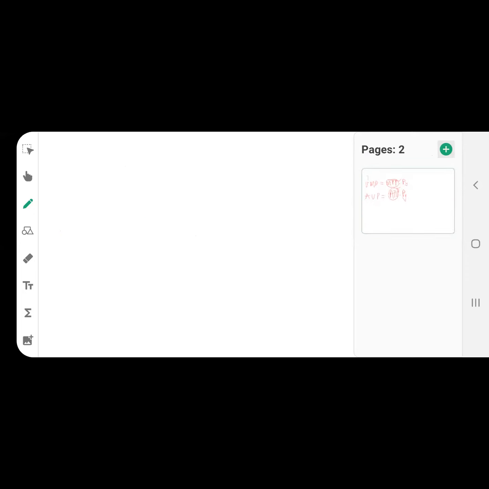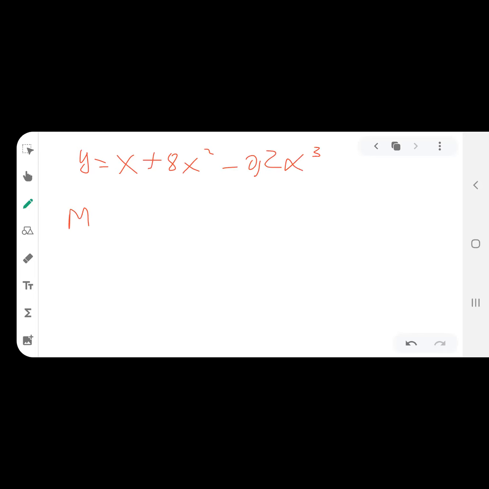So let's start with the MPP. We are given the function Y equals x plus 8x squared minus 0.2x cubed. So MPP is dy/dx, which is equal to, we differentiate this function, and then we divide it by 1.